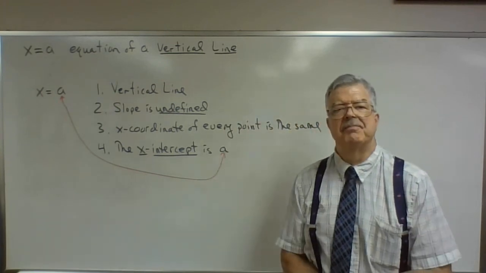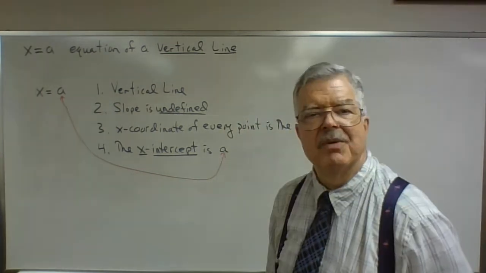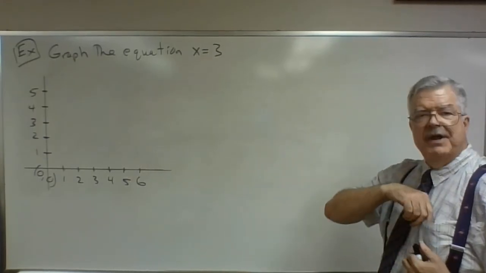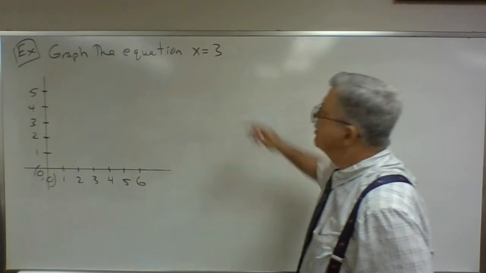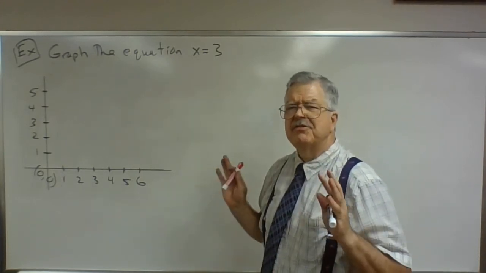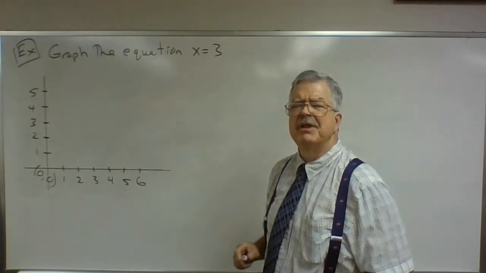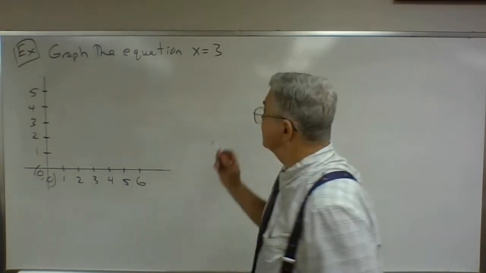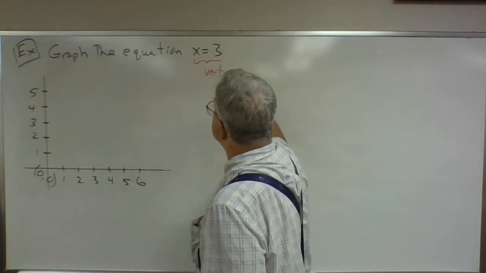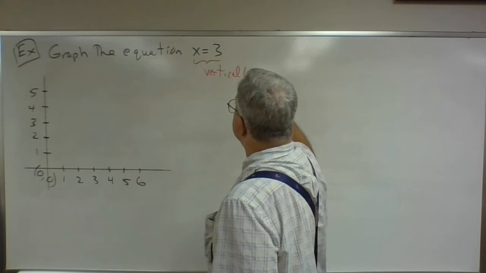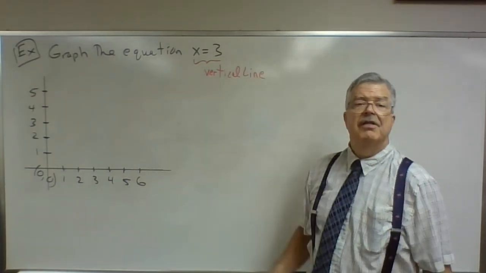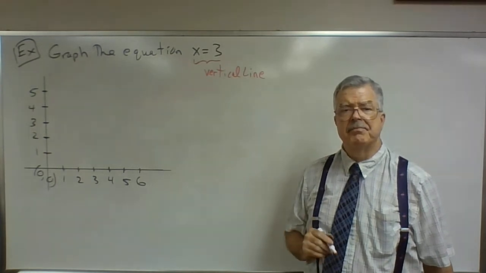What could be easier? Let's do an example or two, okay? Here we go. Graph the equation x equals 3. What's the first thing that we probably realize when we see this equation? The first thing we probably think is, son of a gun, this is a vertical line.